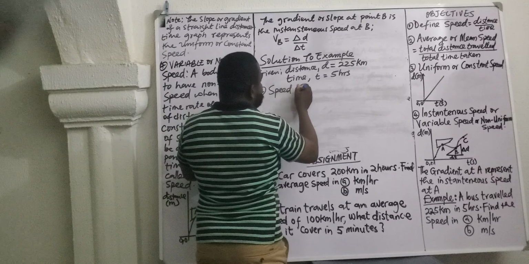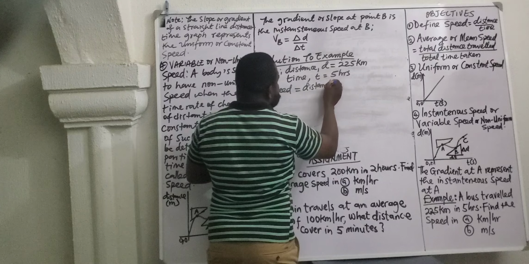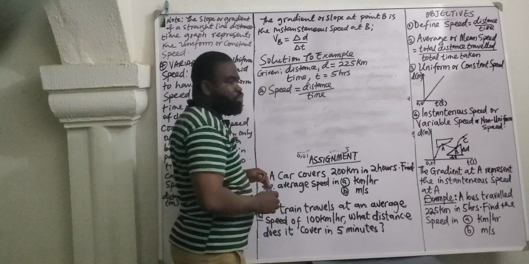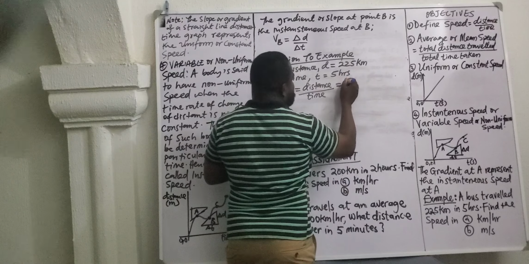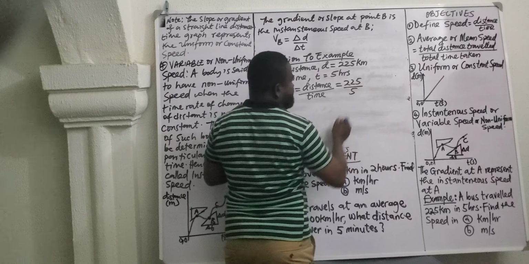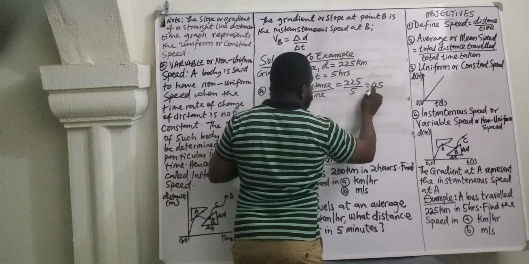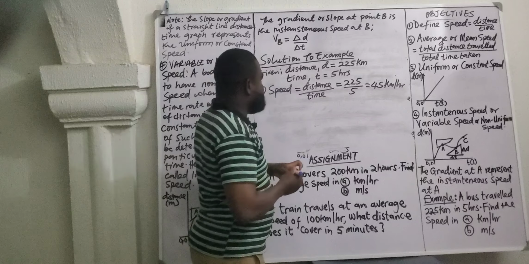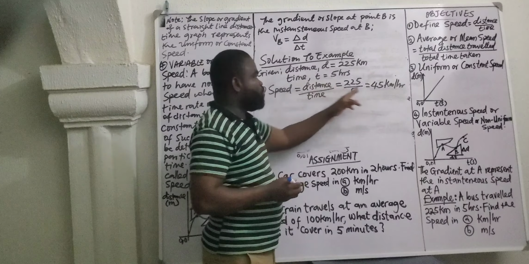To find the speed in kilometer per hour means the distance will be in kilometer and the time will be in hours. I don't need to convert in that case. So I will take 225 divided by 5. 225 divided by 5 gives me what? 45. Here, the unit will be what? Kilometer per hour. So I use the distance in kilometer and the time in hour. So the speed will be in what?